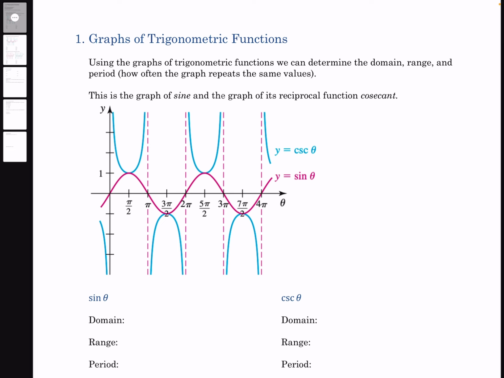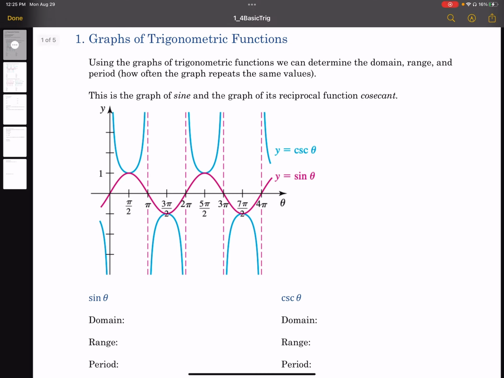So the sine function is periodic every 2 pi, and we know from being on the unit circle that we can find the sine and cosines of any angle. So we'll just draw our version of the unit circle. On the unit circle, we know that sine is a y value.